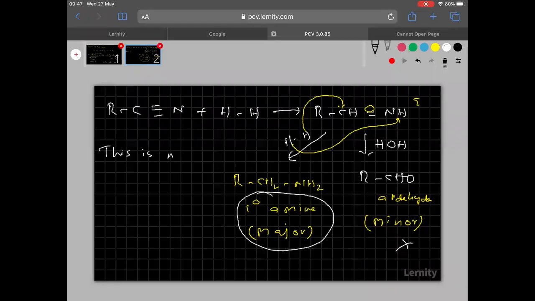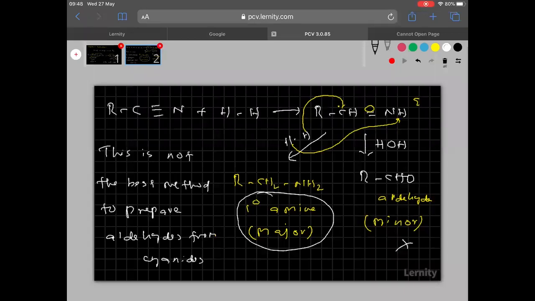Therefore, this is not the best method. Remember again, Stephen's reduction is not the best method to prepare aldehydes from cyanides, because the major product is primary amine but not the aldehyde.